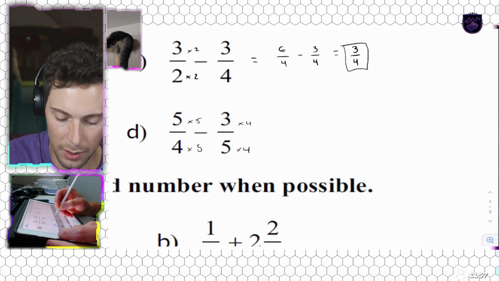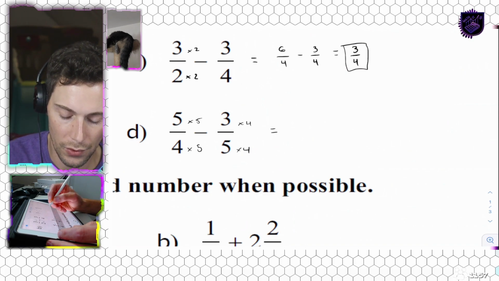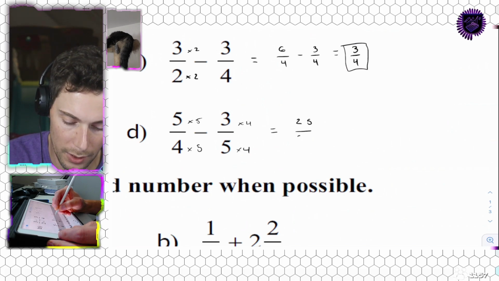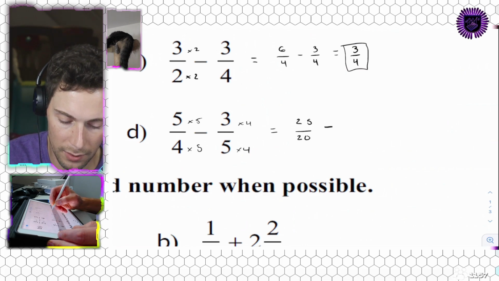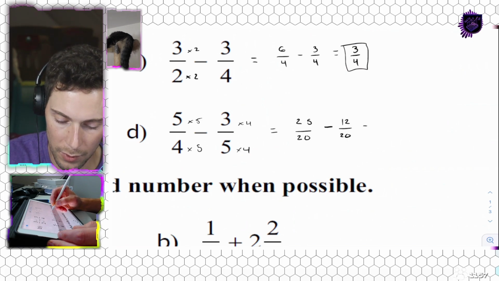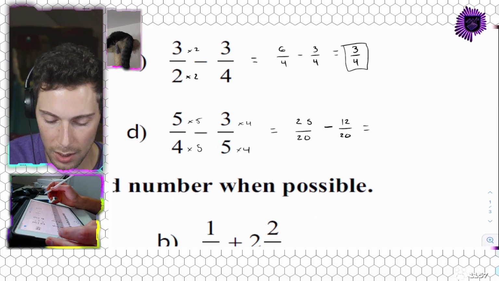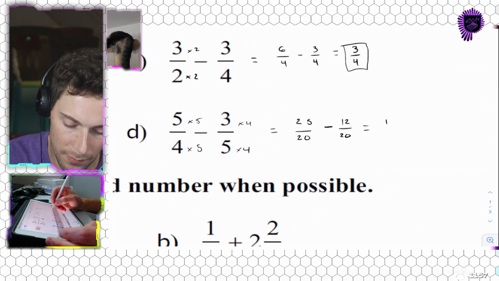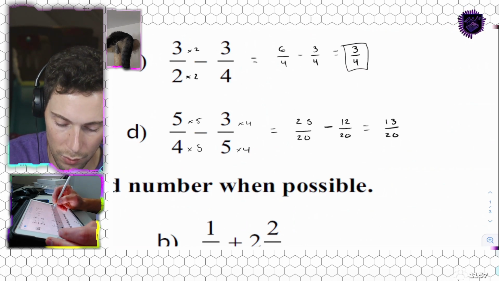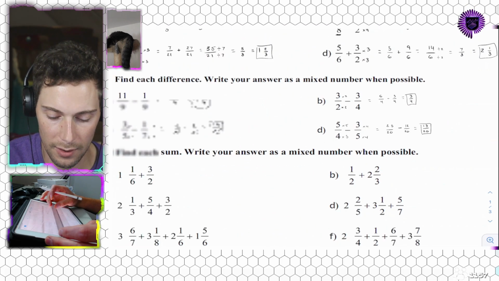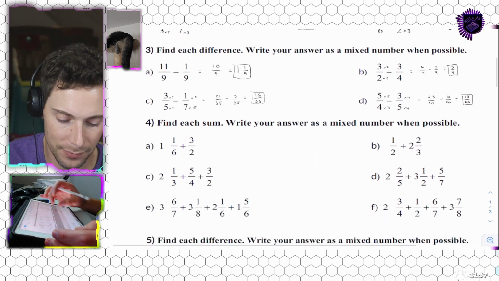And this is going to equal 25 over 20 minus 12 over 20, which will equal, that would be 13 20ths. That is our answer. You cannot simplify that. Or it is simplified.